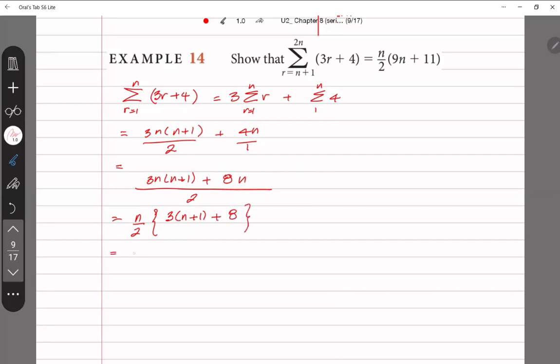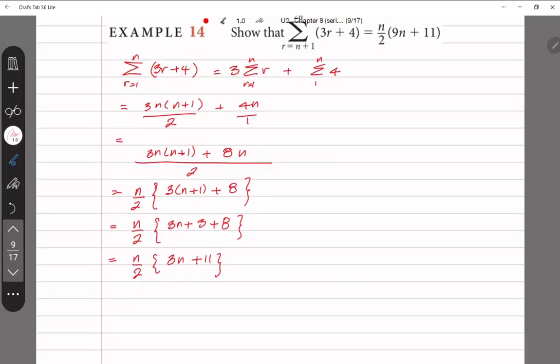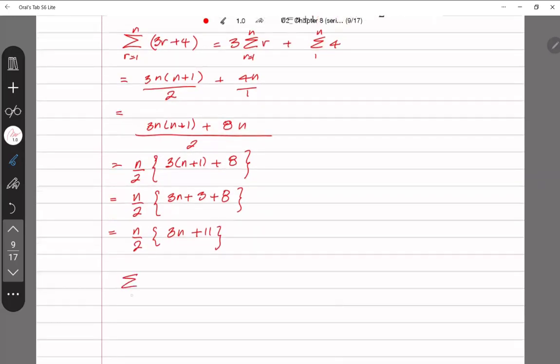Then we have n over 2, then we have 3n plus 3 plus 8. So now we have n over 2, 3n plus 11, and that is what this is equal to. From 1 to n of 3r plus 4 is equal to n over 2 into 3n plus 11.